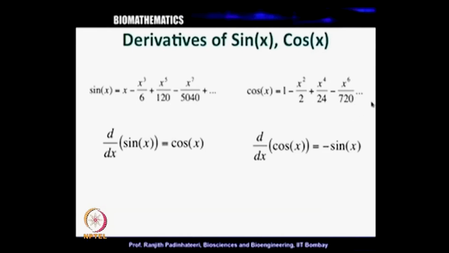So, for the derivative of sin x, use the three rules which we learned: the first formula, d by dx of x power n; the second formula, d by dx of a sum of a few functions; and the third, d by dx of a product of functions.